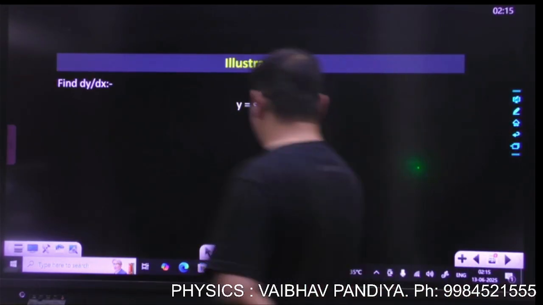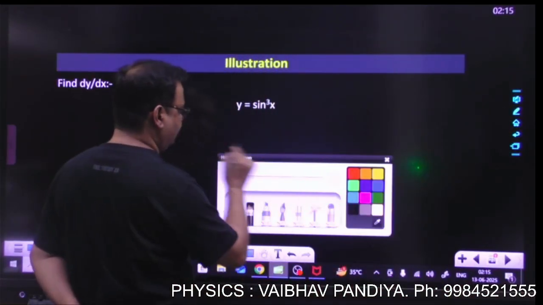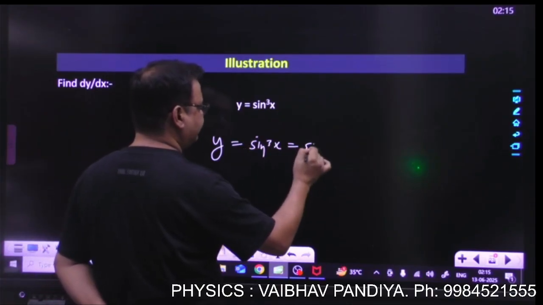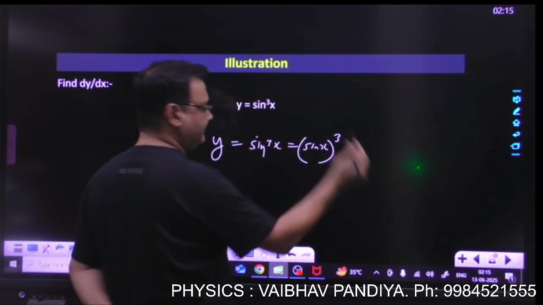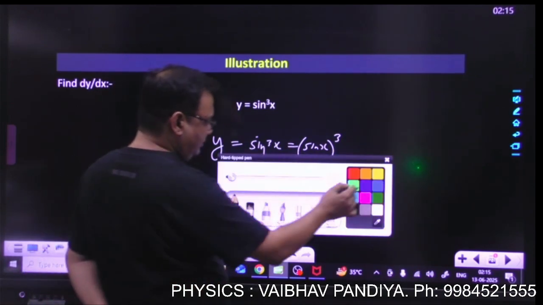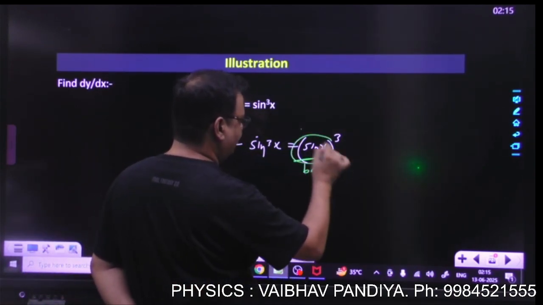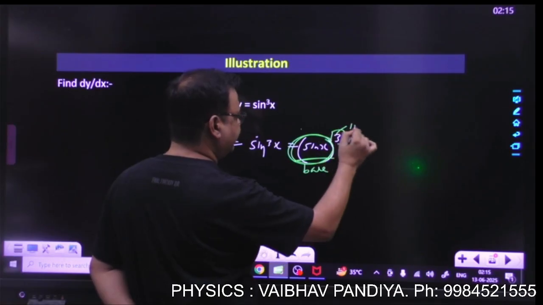Okay, now let's see, y is equal to sine cube x. So it can be written like sine x whole to the power 3. Now which form you can see here: this whole thing is the base function, and this is the index.